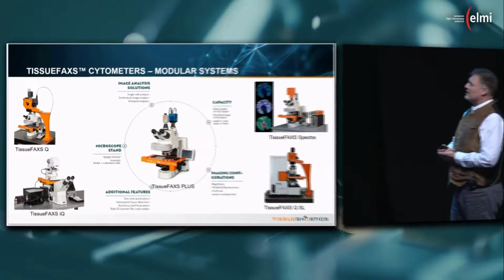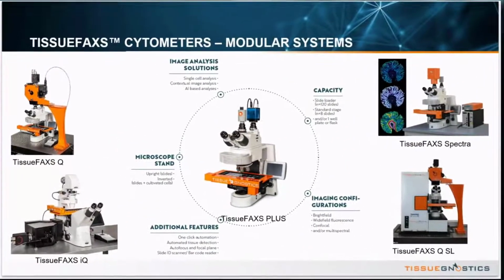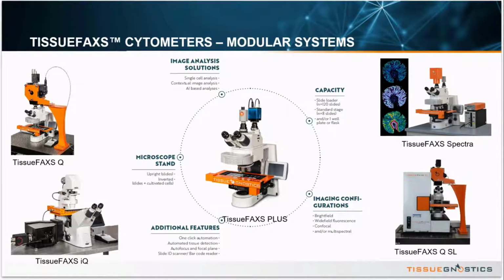The company offers a set of slide scanning instruments with subsequent image cytometry software that we call TissueFAXS. So in analogy to the flow cytometer, the FACS, we bring this idea to the slide.